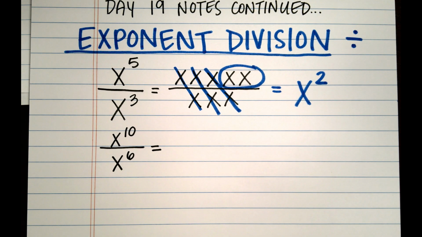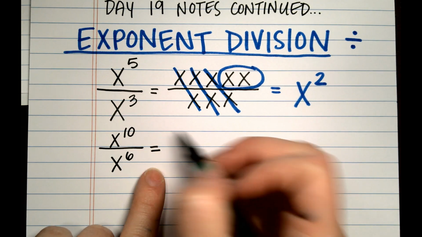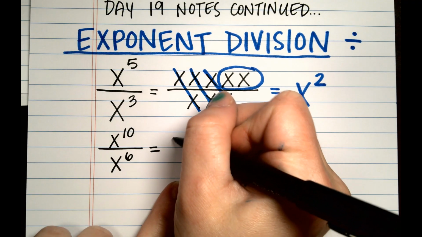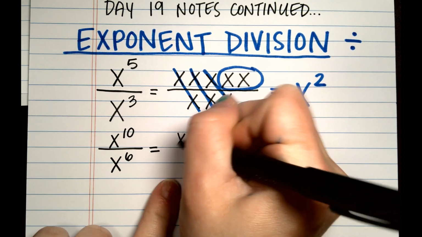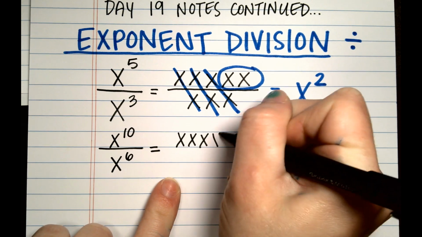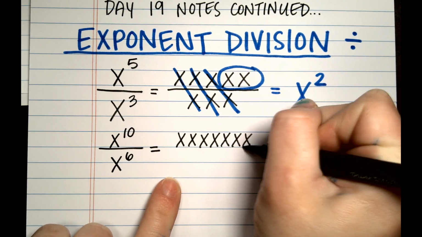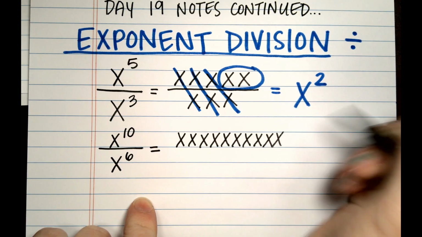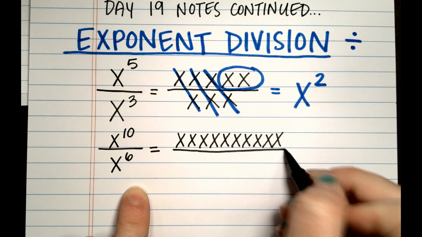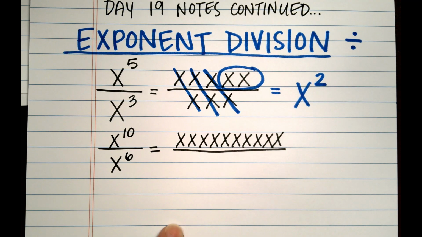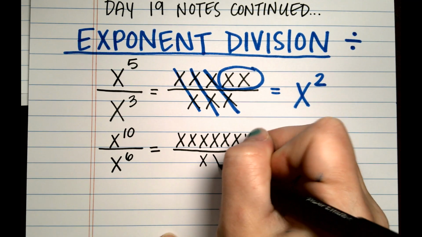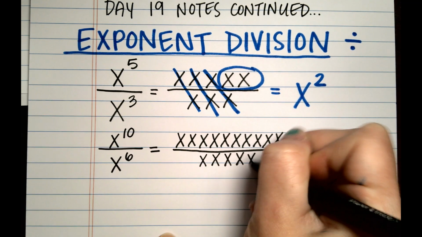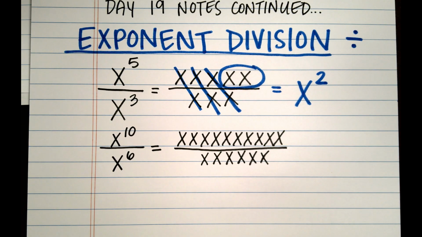Now, when you start getting to huge numbers, that takes a long time. I'll draw the x's out first: 1, 2, 3, 4, 5, 6, 7, 8, 9, 10, over x to the 6th. I've got 6 x's here: 1, 2, 3, 4, 5, 6.